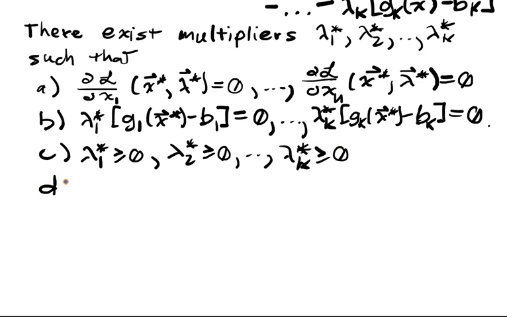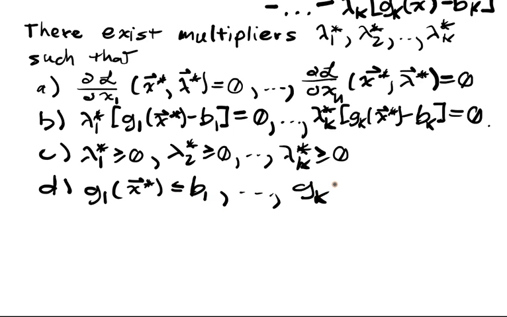And finally, D, of course I have to satisfy the constraints. And these are the conditions that you'll write down in general. Next, we're going to work an example where we do multiple constraints and we see exactly how we perform all these manipulations.